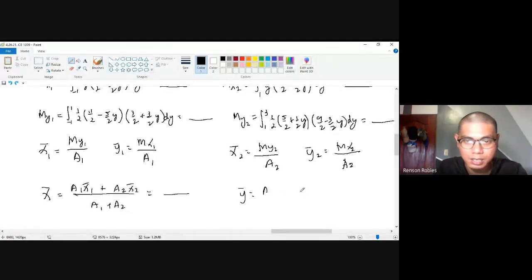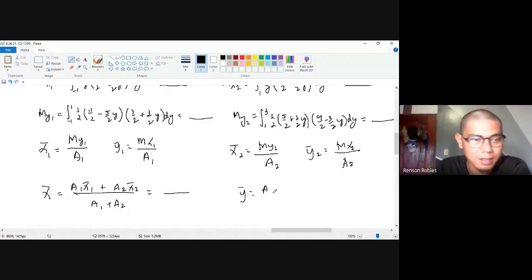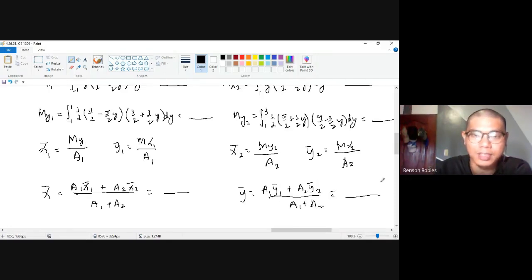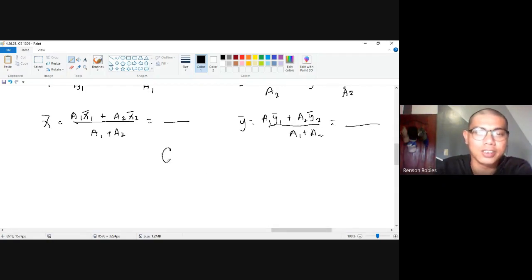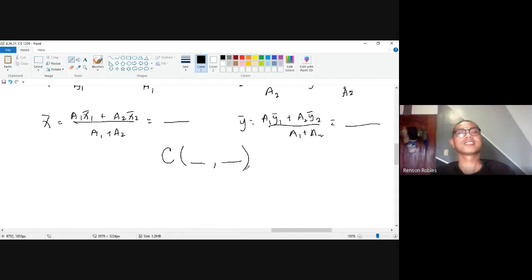Mali ko, sorry. Oo nga, tama. a1 bar y1 plus a2 bar y2 all over a1 plus a2. And therefore, the centroid is located at blank, blank. Okay? And that is your task.